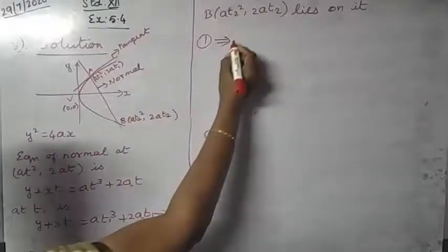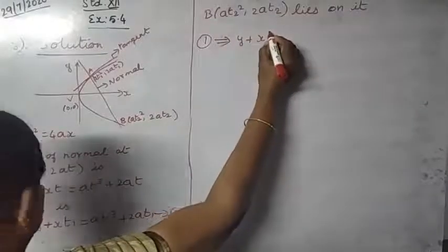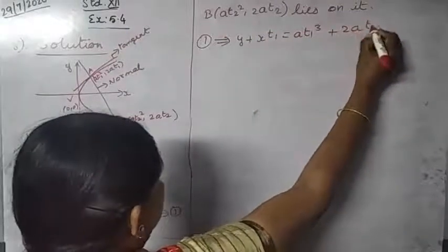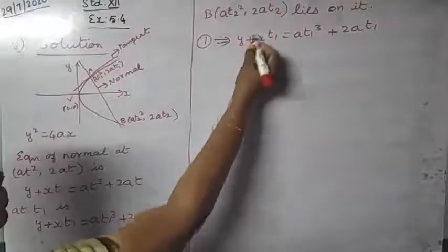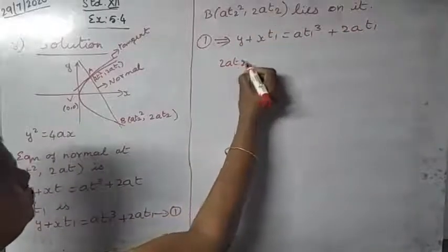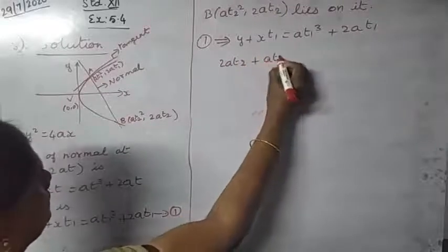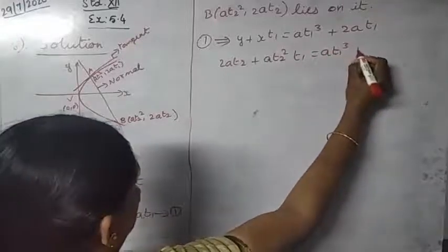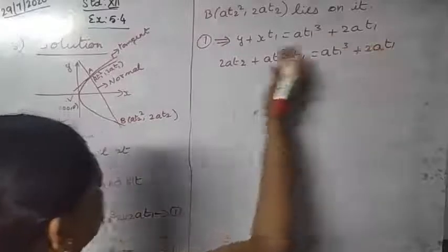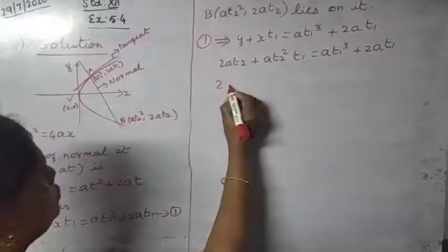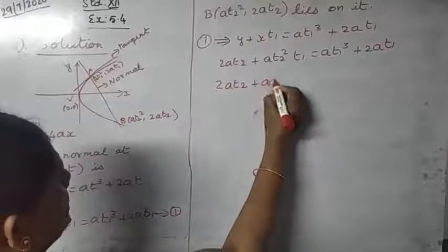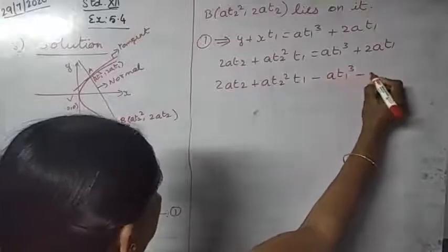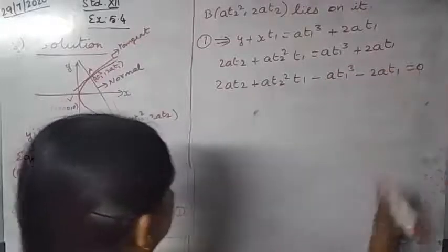Now substitute, instead of y, 2A T2 plus instead of x, A T2 the whole square into T1 is equal to A T1 cube plus 2A T1. Now bring all these terms this side. So it is 2A T2 plus A T2 square T1 minus A T1 cube minus 2A T1 equal to 0.